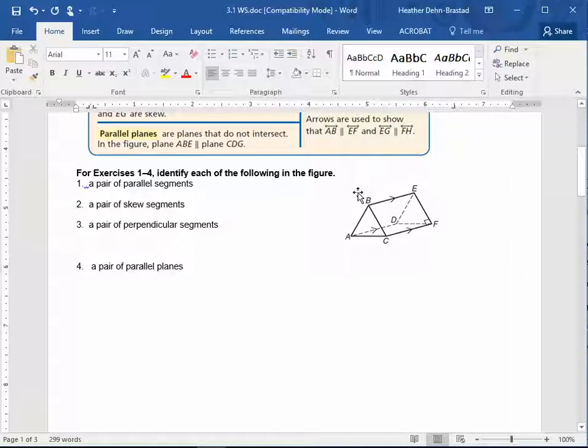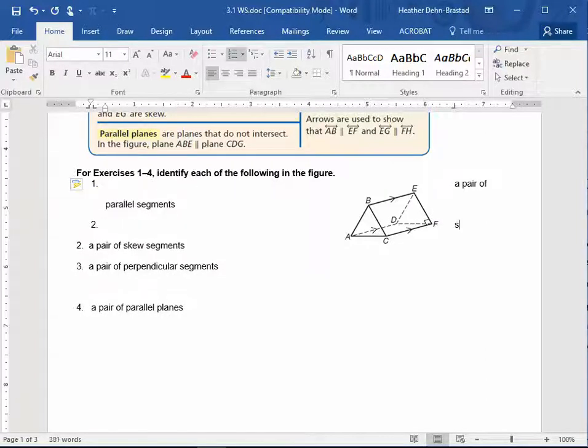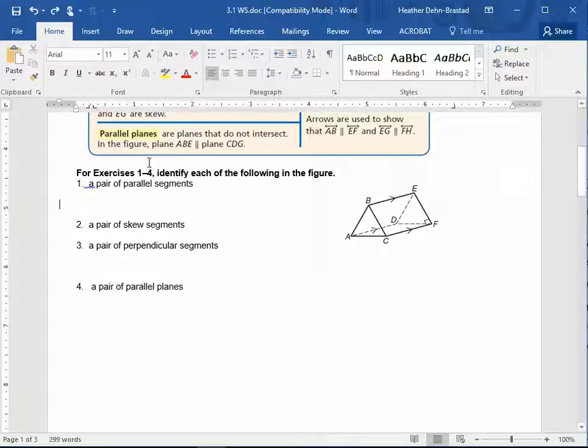Like if you decide to do segment parallel, let's see, BE and CF, this arrow means that they're parallel to each other. You need to write that as segment BE and CF, or you can pick other ones, or you can actually write the word segment here.